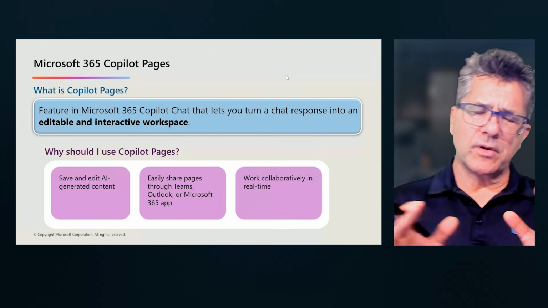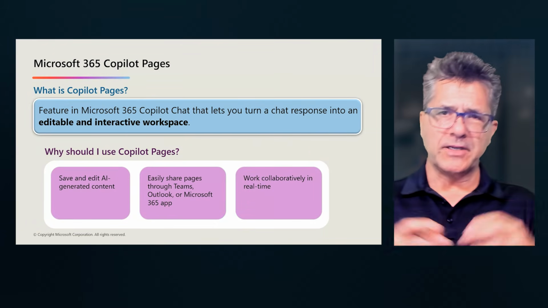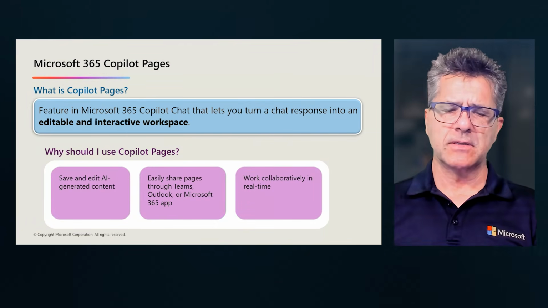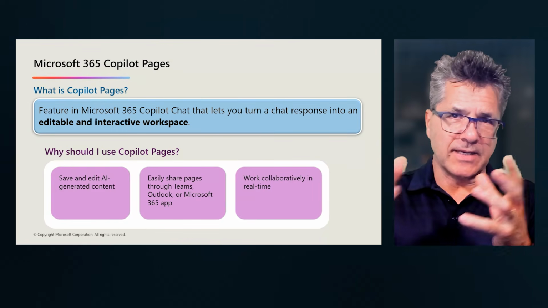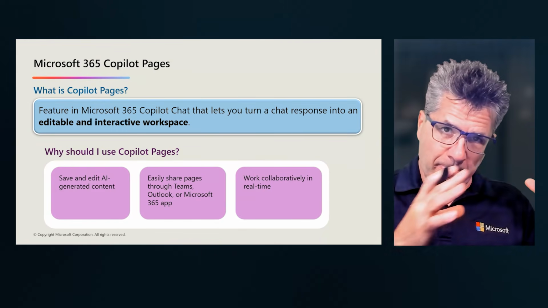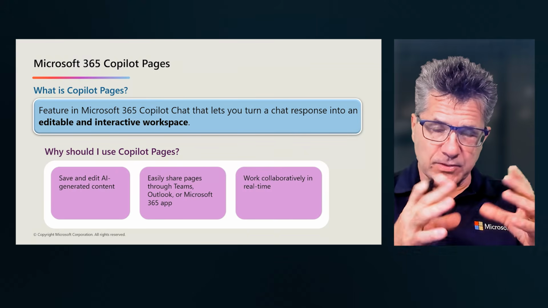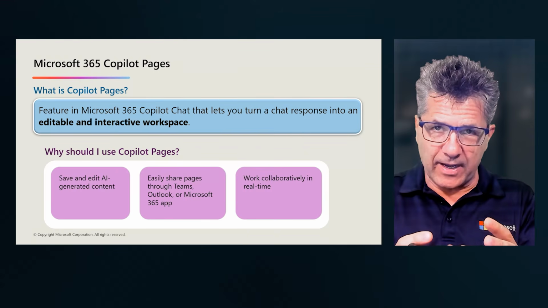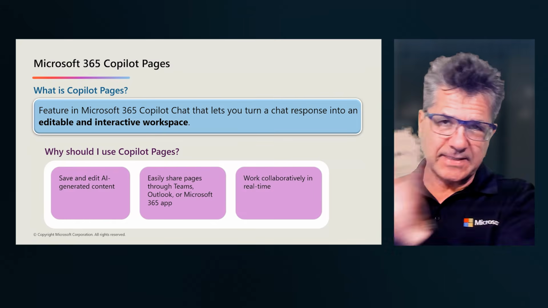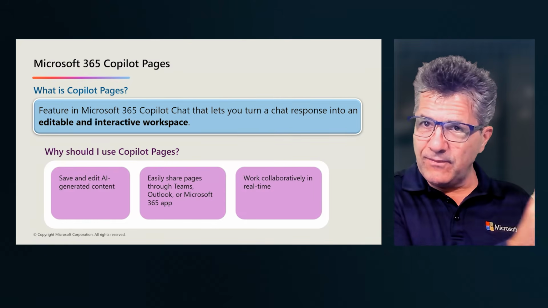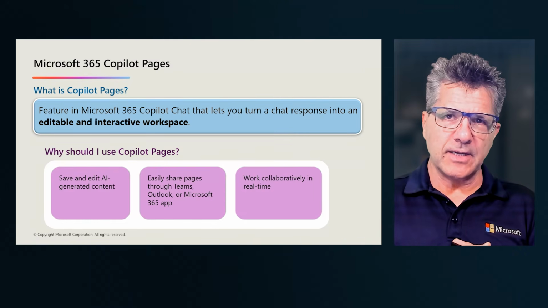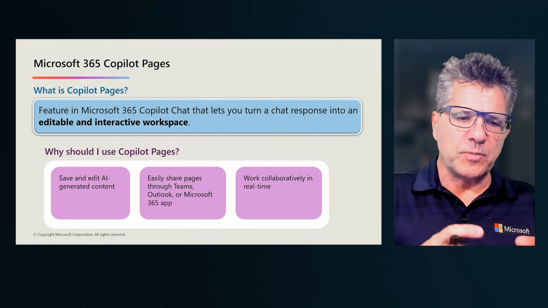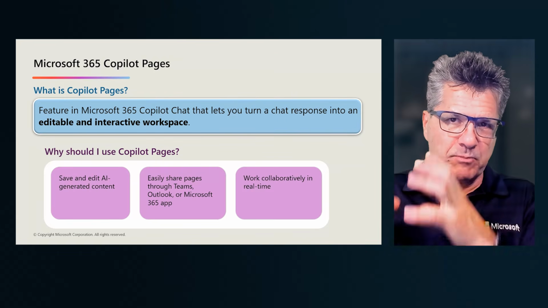Now, I did talk about Microsoft Copilot Pages. So what is exactly Pages? Well, Pages is a way, as I mentioned before, for us to get the output of Copilot. So instead of having just the output sitting there, what I have to copy, I want to save someplace else, or even leave only on the chat history, now I can take that output, I can save it in these pages.